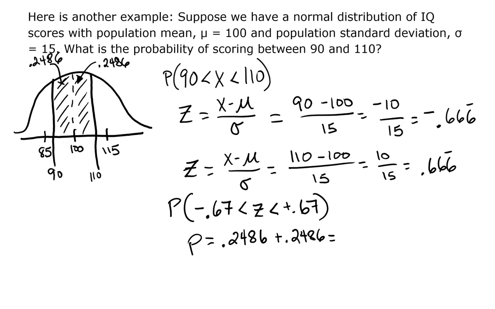And this is equal to 0.4972. So the probability of scoring between 90 and 110 is approximately 0.4972 or 0.497. So there is our answer.